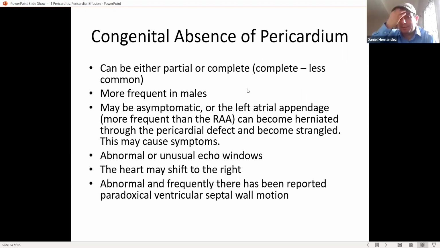It's more frequent in males. May be asymptomatic, or the left atrial appendage, more frequent than the right atrial appendage, can be herniated through the pericardial defect and become strangulated.